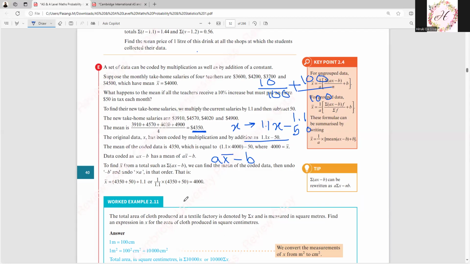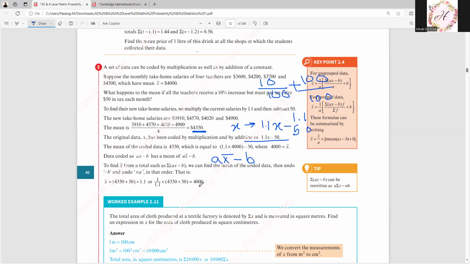That is what we have done here. If we have the latest one, the current one, and want to find the previous one, we go with the reverse case. Where we subtracted b, we need to add b, and if we multiplied by a, then we need to divide by a. We need to do the opposite operations.